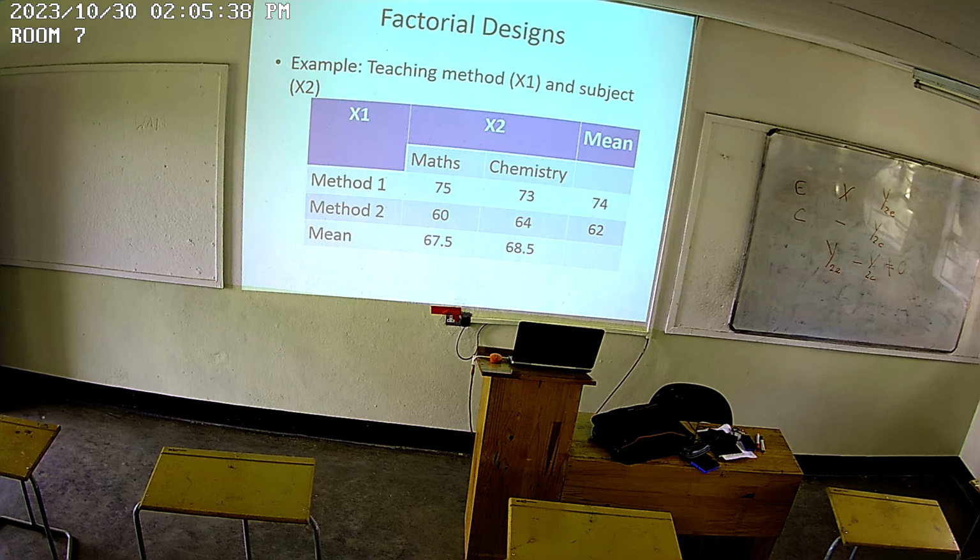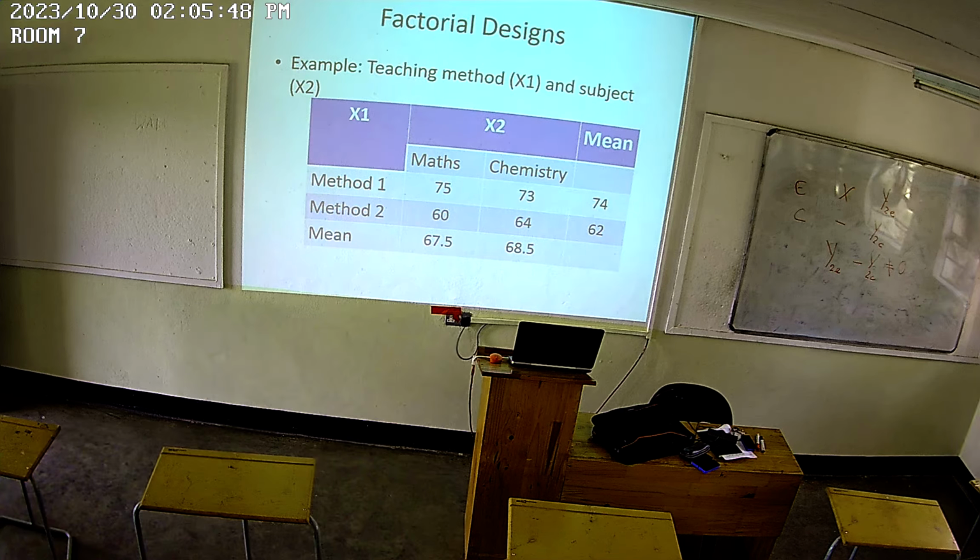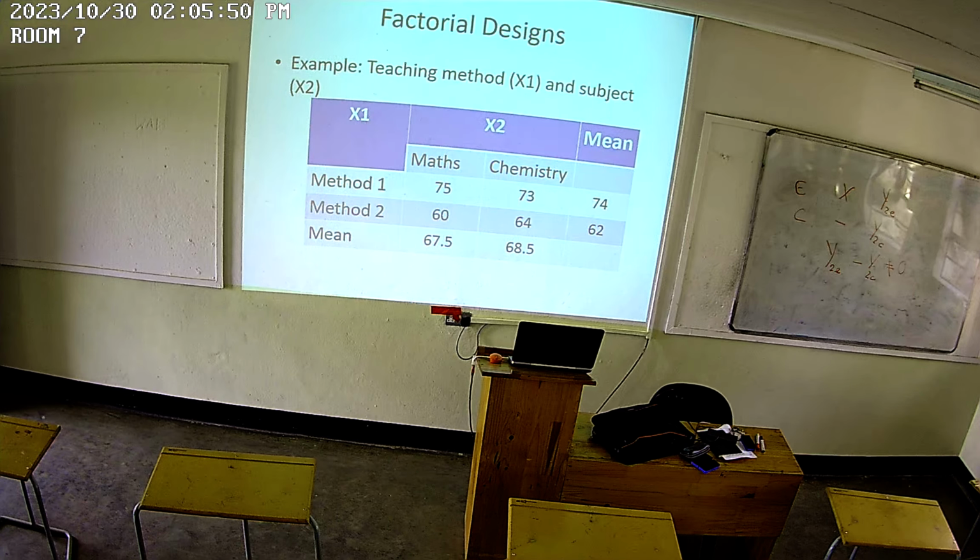But in all those factorial designs you can come up with, there are statistical techniques for analyzing the effects. And you end up getting more information by using the factorial design. Questions?